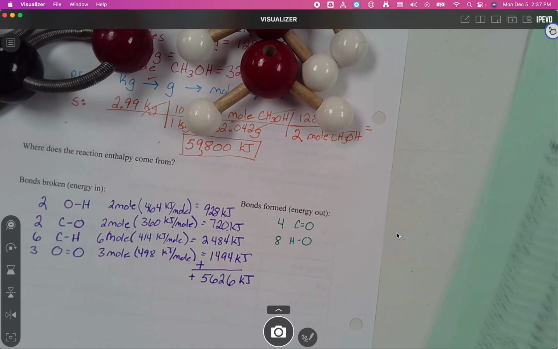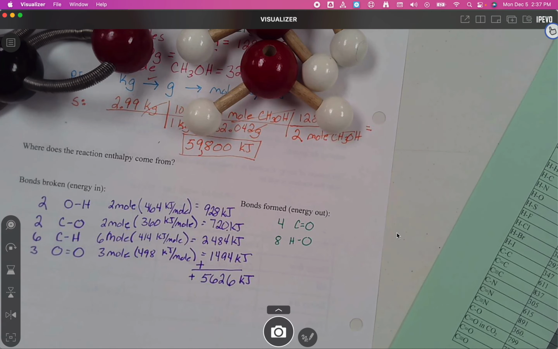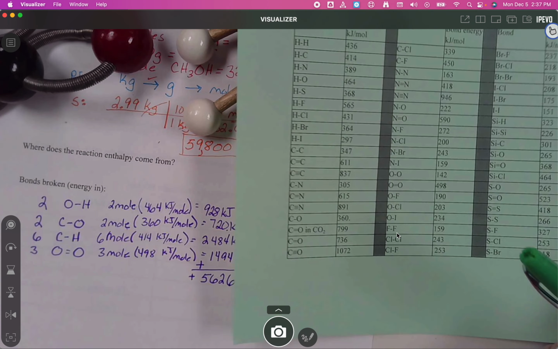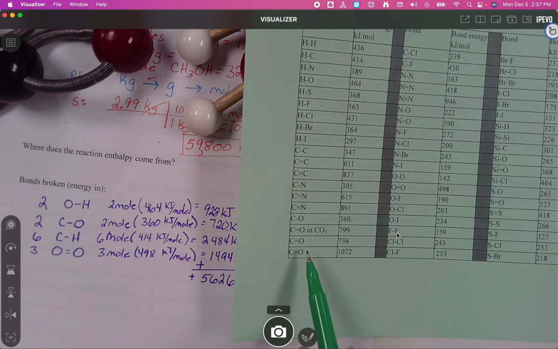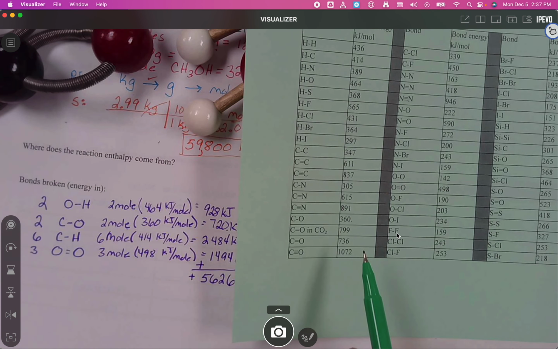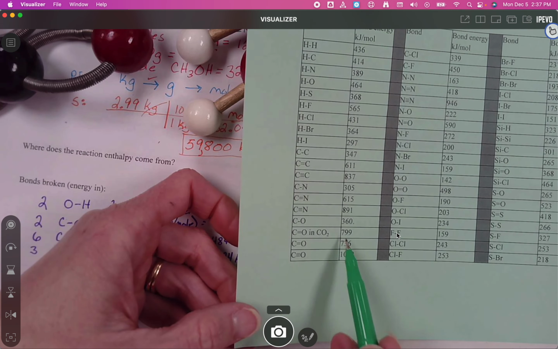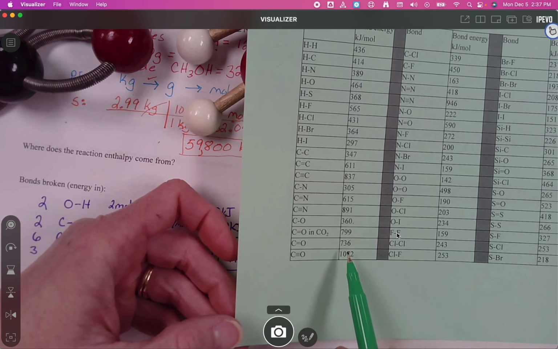Now, the only thing we have to be a little bit careful of here is that the double bond in carbon dioxide, the carbon to oxygen double bond, is a really, really stable bond. So it is a different bond energy than your average carbon to oxygen bond.